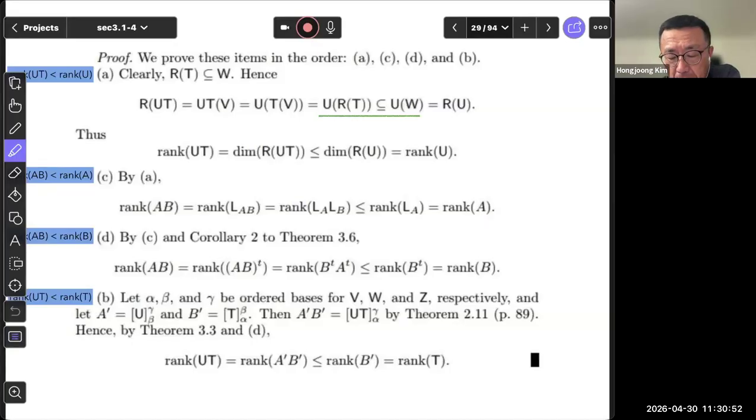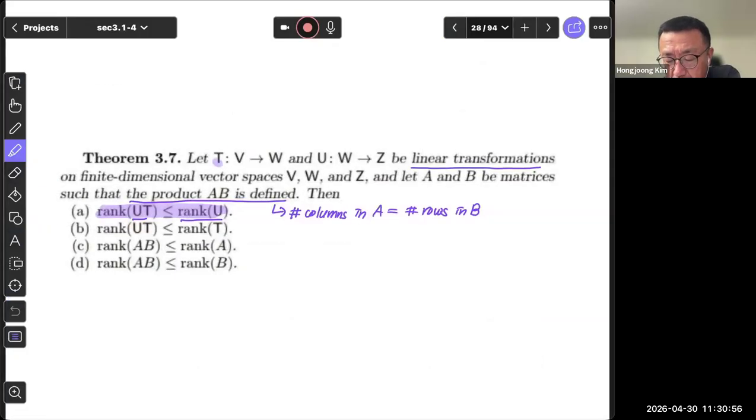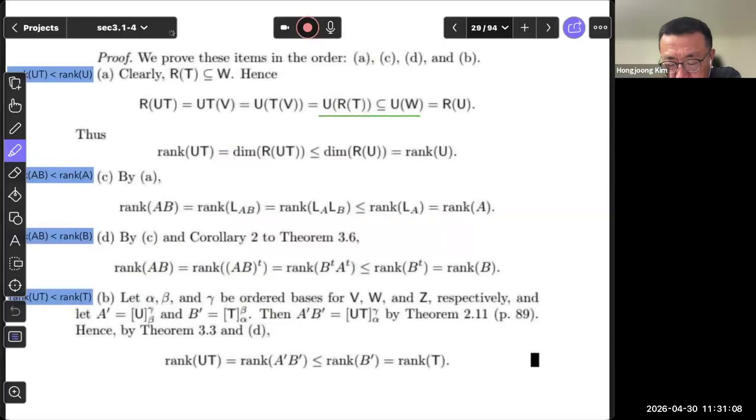So definitely, T is a mapping from V to W, and U is a mapping from W to Z. The range of T is definitely included in the W space, right?